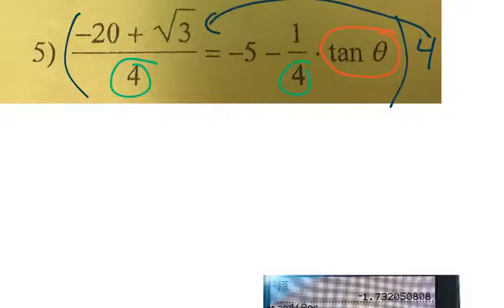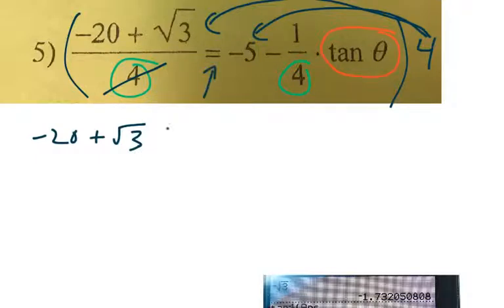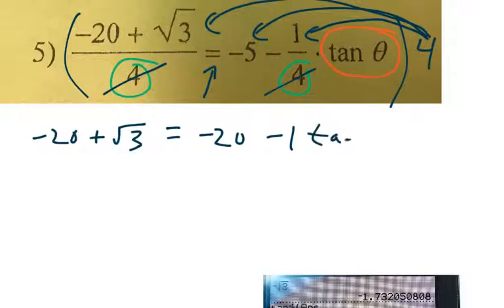So when I do this, the 4 cancels out. I'm left with negative 20 plus square root of 3. When I do 4 times negative 5, I have an equals, first of all, in between. But I'd have a negative 20. And then finally, 4 times negative 1/4 would be a negative 1 when that 4 cancels out, right? So negative 1 tangent theta. Now what? Well, did you notice I could add 20 to both sides?